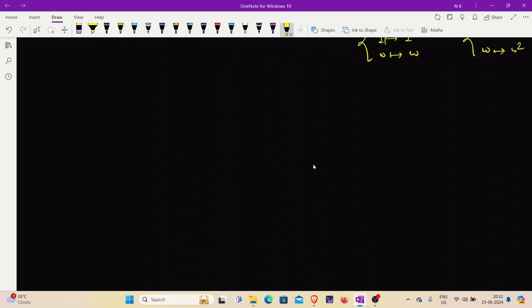Now after this, let's go to another definition, and then we'll go for some additional examples based on Galois extension. So let me write the definition.